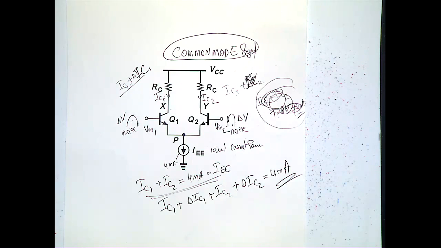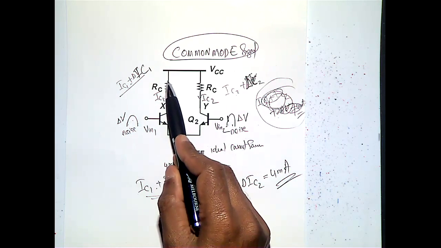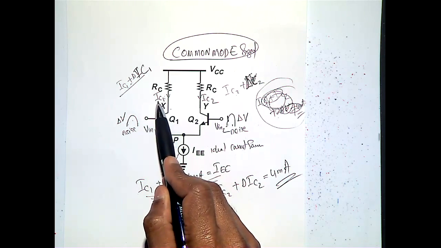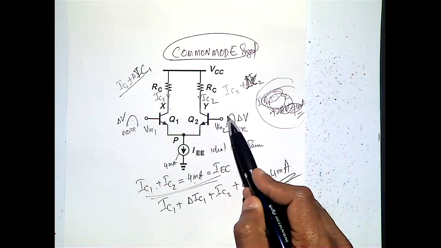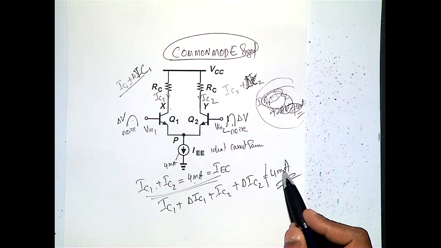You know what I mean? Because IC1 plus IC2 should be equal to 4 milliamps. When you are putting delta V here as an increment, delta V will contribute to delta IC1, so you are adding on top of IC1 this delta IC1. So IC1 plus delta IC1. The same happens here, but that is not possible because it should be 4 milliamps.